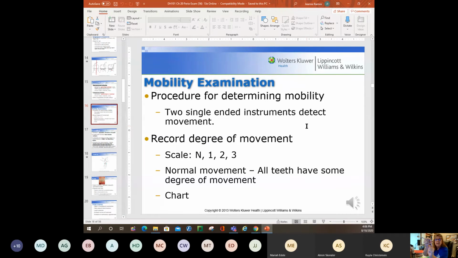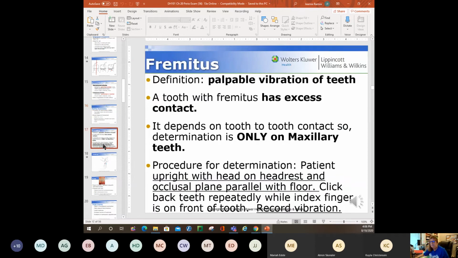If it can go side to side and front to back, it's a 2. If it does those, and also you press on the occlusal side and press down, and it can depress down and up, it's a 3. They say all teeth have some degree of movement, but you need to be able to move it more than 1 millimeter, not just an itty bitty.